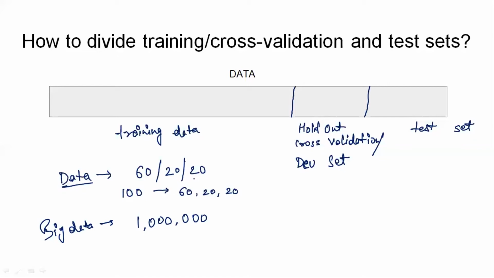My personal suggestion is that I don't think this is the appropriate ratio to split such a big data set. Why? I'll tell you the reason. If you split this data set into the ratio of 60 is to 20 is to 20, then the size of the cross validation set and the test set would be very large.